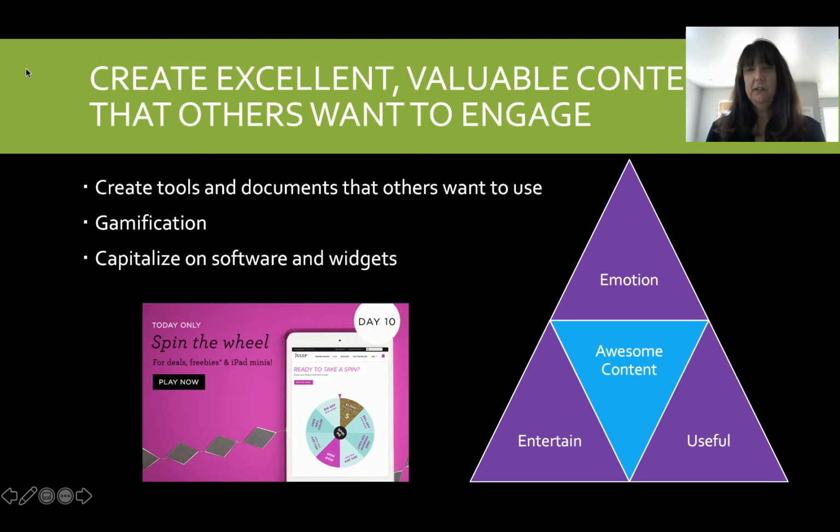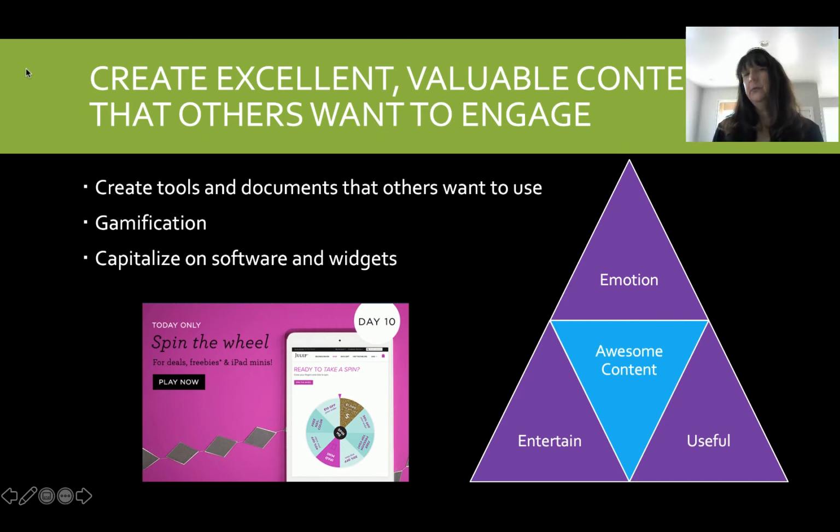Make it useful. Give them a how-to or something that they find of value. Or maybe it's just pure entertainment, because don't we all know that we need to be entertained these days? We're hearing so many negative messages, scary, fear, uncertainty, and doubt. And those are all emotions, but let's hear something positive for a change, or just show me something light.